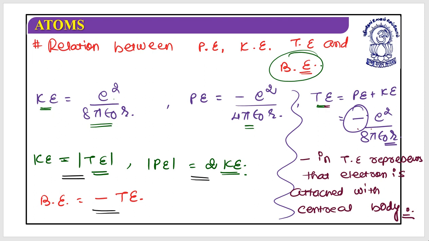The same relations hold in gravitation as well. If you remember, in gravitation we used to calculate the energies of artificial satellites, or even the energies of the planets. So even at that time the same relation can work effectively.